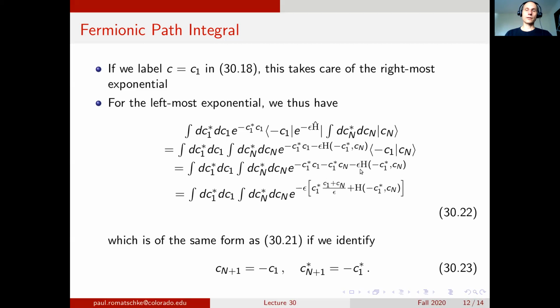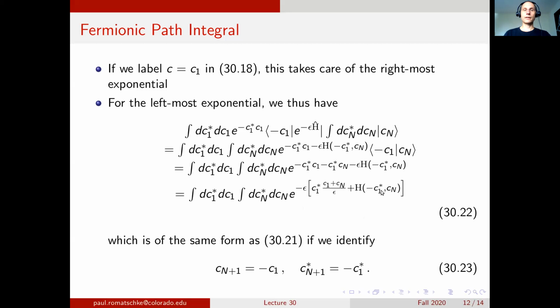Pulling out the epsilon as before, we find that this is the form of the leftmost exponential that we have to consider. And we find that this is indeed of the same form as all the other terms in our partition function, with the only difference that the signs in this expression are not right. There are minus signs that appear.